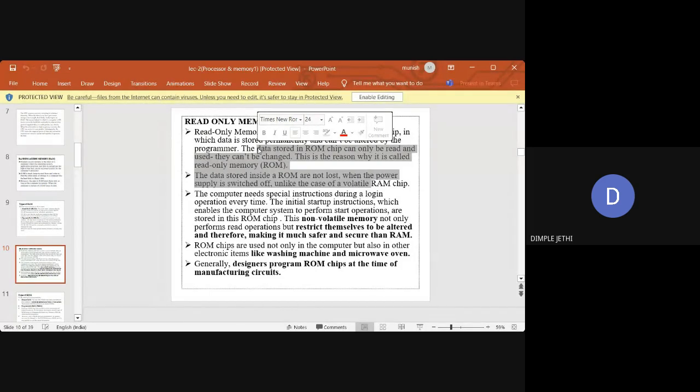The manufacturer embeds this chip in the machine, whichever machine it can be. It can be a computer, it can be a microwave, these kinds of devices. These devices come with already built-in ROM from the manufacturer. The manufacturer writes it and fixes it in the device, so we cannot write it and change it. That is why we call it read only. So this is non-volatile and it cannot be altered.